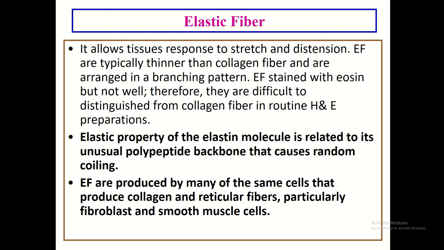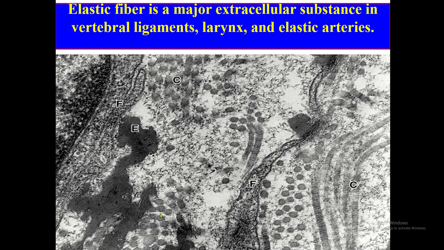Elastic fiber is produced by many of the cells that produce collagen and reticular fiber, particularly fibroblasts and smooth muscle cells. So this is the elastin. You see the coiling pattern of this fiber, and this is the collagen fiber. The regular pattern is seen here.